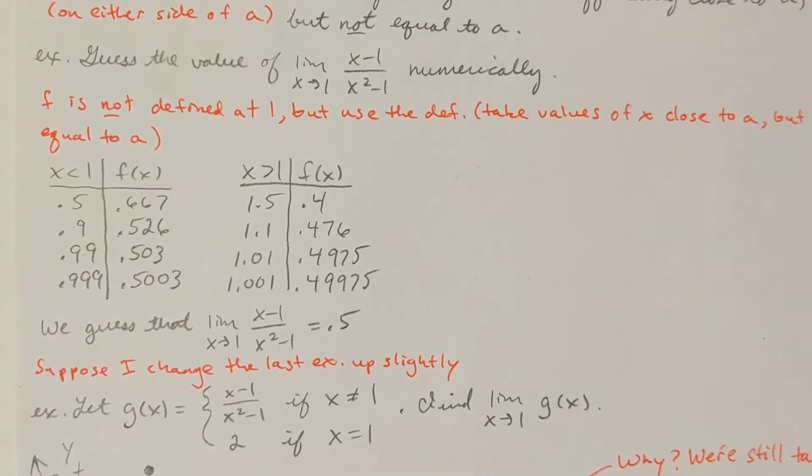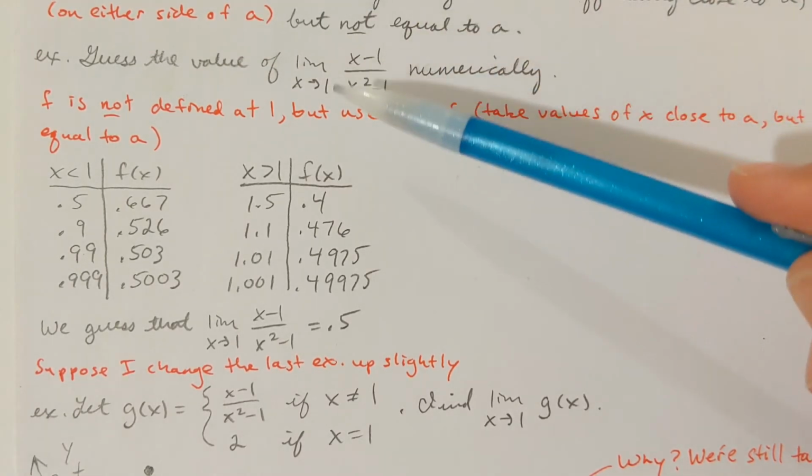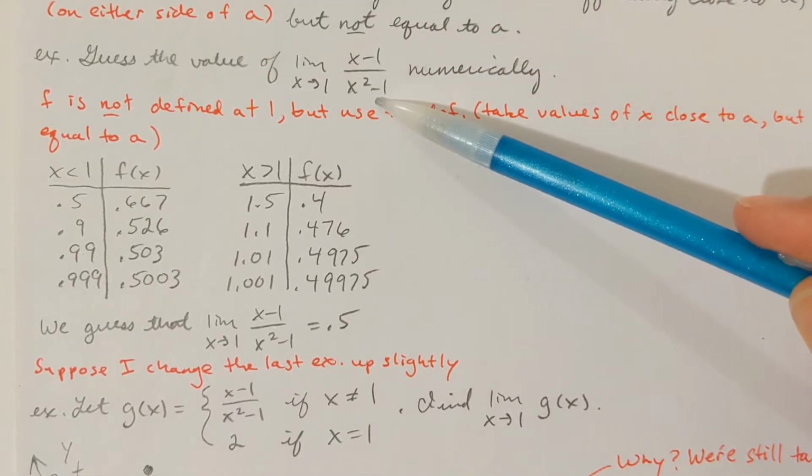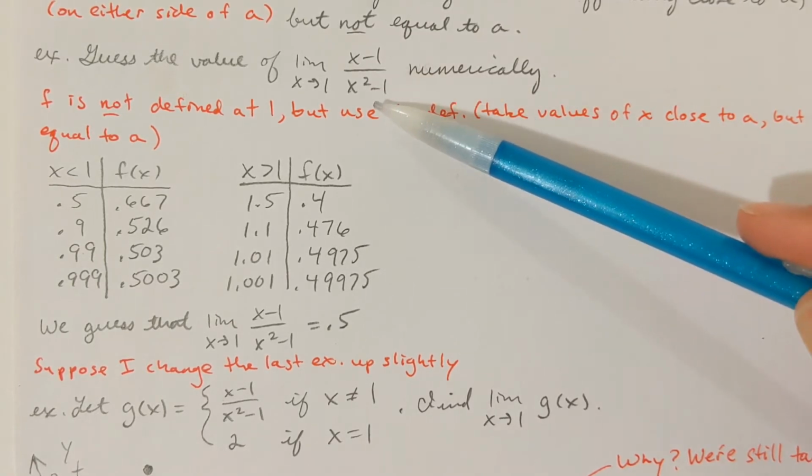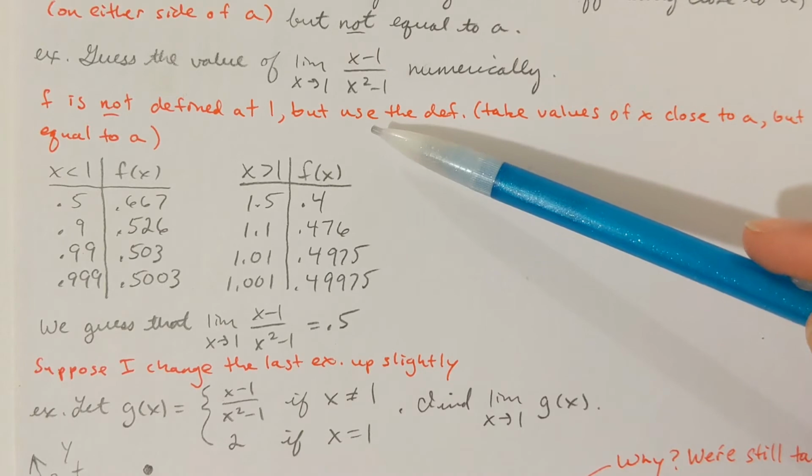In this next one, I want us to guess the value of the limit as x approaches 1 of x minus 1 over x squared minus 1 numerically. Well, f is not defined at 1. We can see that because there's a problem with division by 0. x can't be 1. 1 is not in the domain of the function, right?